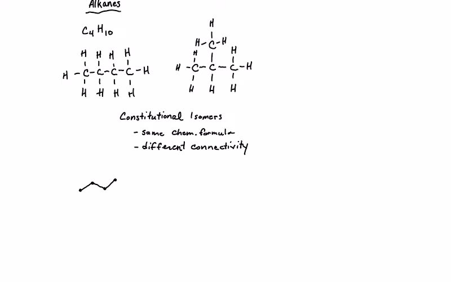Now we assume that each carbon is going to have its full complement of hydrogens. What that means is we look at the number of bonds that a carbon has that are explicit in the drawing. So for example, this first carbon here is attached to the second carbon.